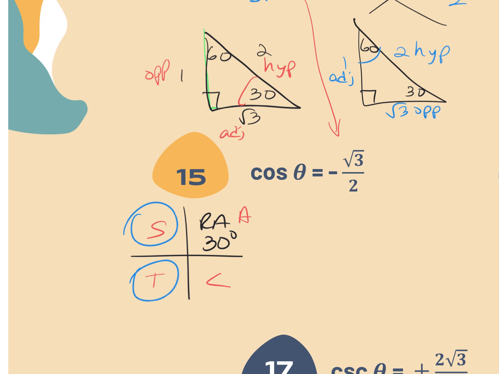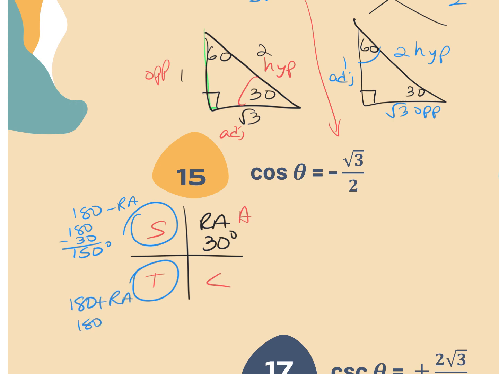So remember the calculation here, 180 minus the reference angle. So 180 minus 30, and in quadrant 2, it's 150 degrees. In quadrant 3, it's 180 plus the reference angle.